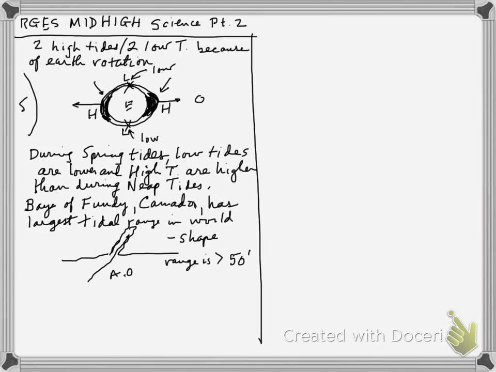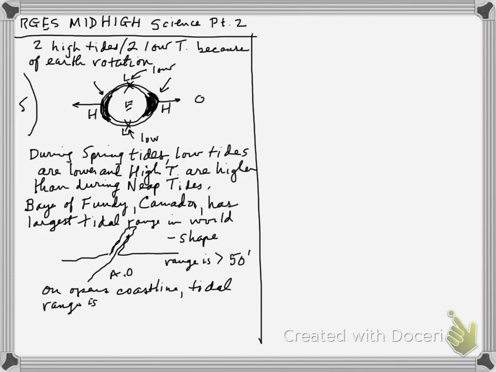So it's amazing. You get pictures of this bay, and you can probably Google the Bay of Fundy and take a look at that, but they'll show the level of the sea goes up over 50 feet every time the high tide comes in, and then the high tide goes out and makes a low tide. Now, usually on open coast, not where there's a bay, right, but just open coastline, the tidal range is just a few feet.